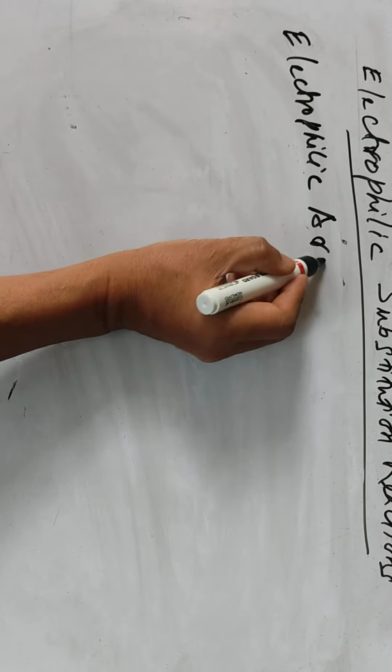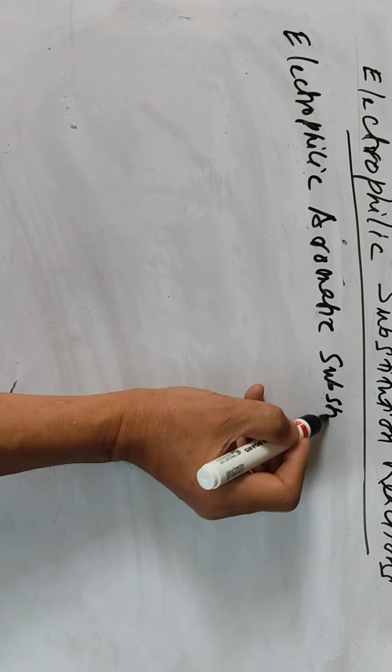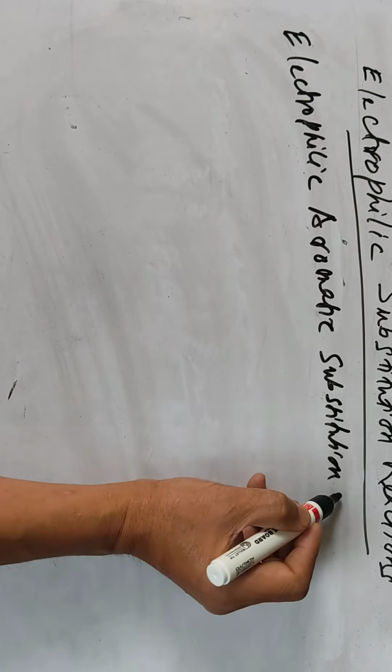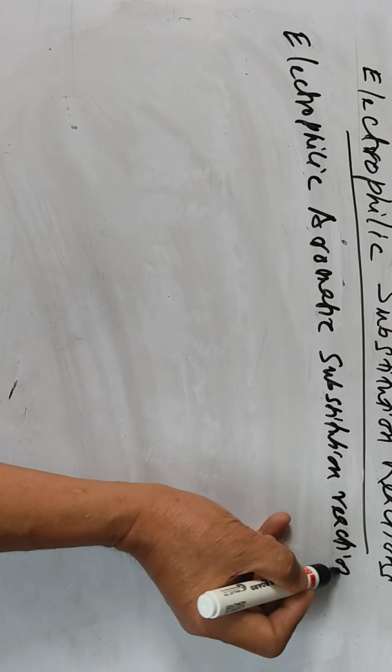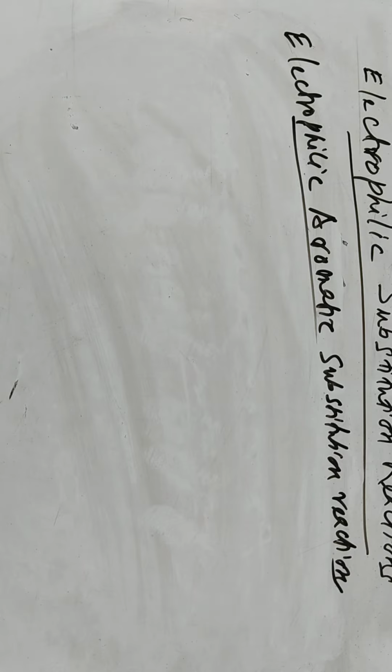Now let's come to this one. Benzene, as a consequence of the pi electrons above and below the plane of the ring, is a nucleophile. Benzene acts as a nucleophile because the pi electrons are delocalized above and below the plane.